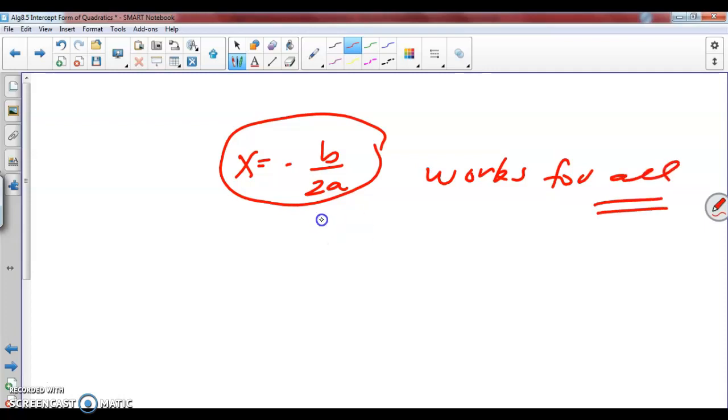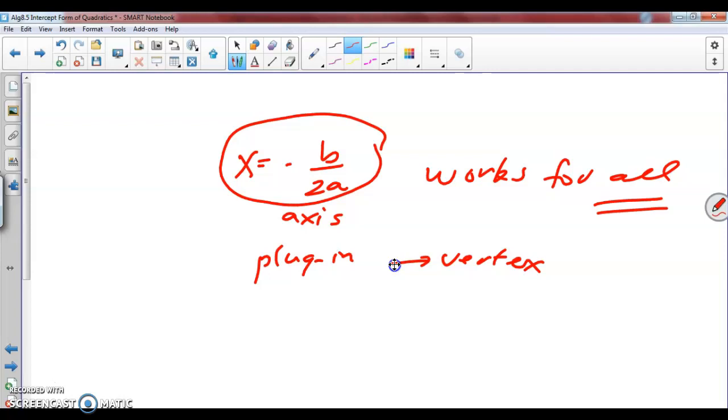So that means once you have your axis of symmetry, you're just going to plug in to find y, and once you have found the vertex, then you could just do trial and error to find a point on the left or on the right. So it's like the jack of all trades for quadratic functions, because it works for all.